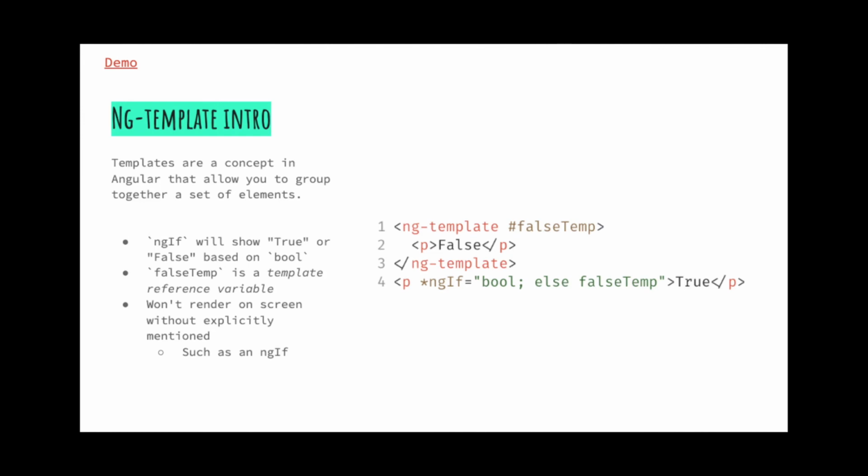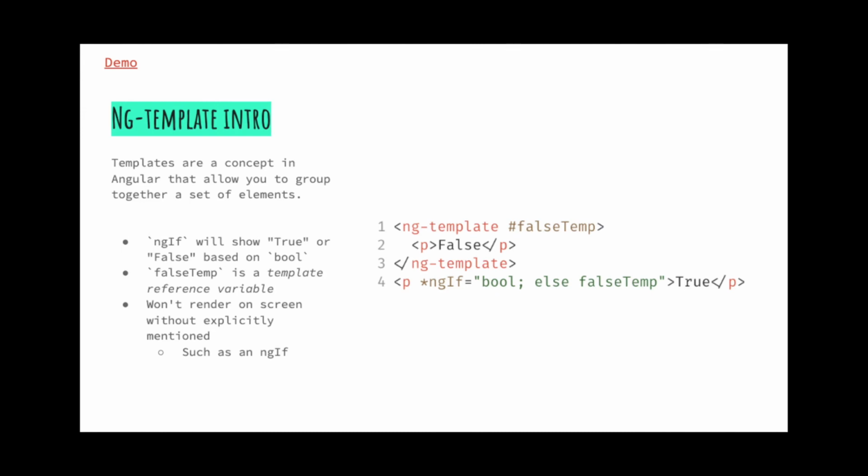So if boolean is false, it will display the paragraph tag false. Otherwise, it will display the paragraph tag true. Worth mentioning, the false temp here, which stands for false template, is what's called a template reference variable, and it's how we're passing the value of this template into the ng-if on line 4 here.